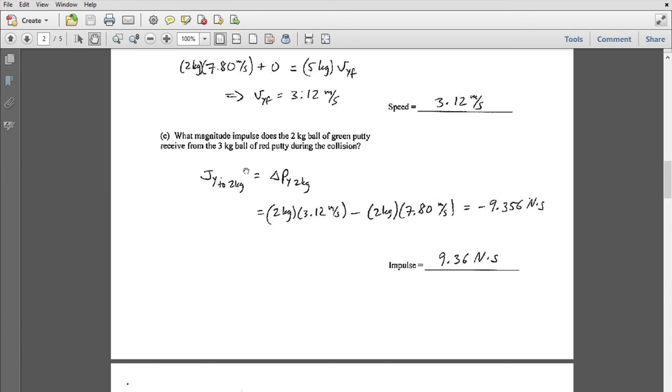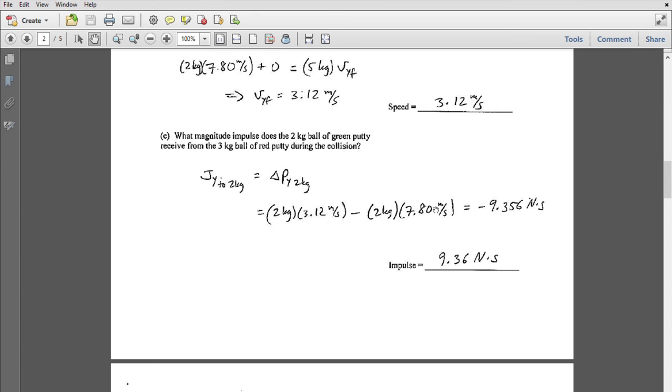We would just say, if I want to know the impulse delivered to the green ball of putty, that's equal to the change in momentum of the green ball of putty. And the change in momentum is m times Vy final minus m times Vy initial. And we just found both of those speeds, right?